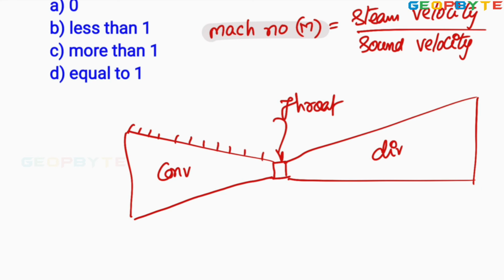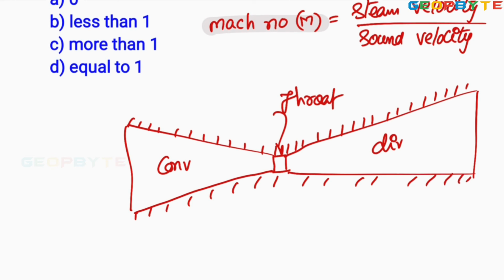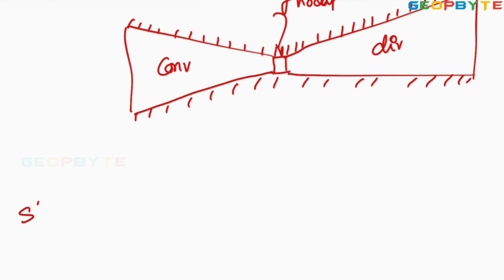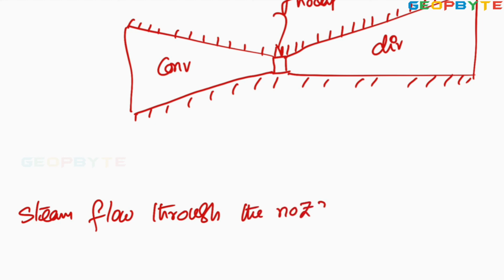Therefore, nozzle flow can be treated as adiabatic flow. This point is also important. Let me write that point. Steam flow through the nozzle is adiabatic.